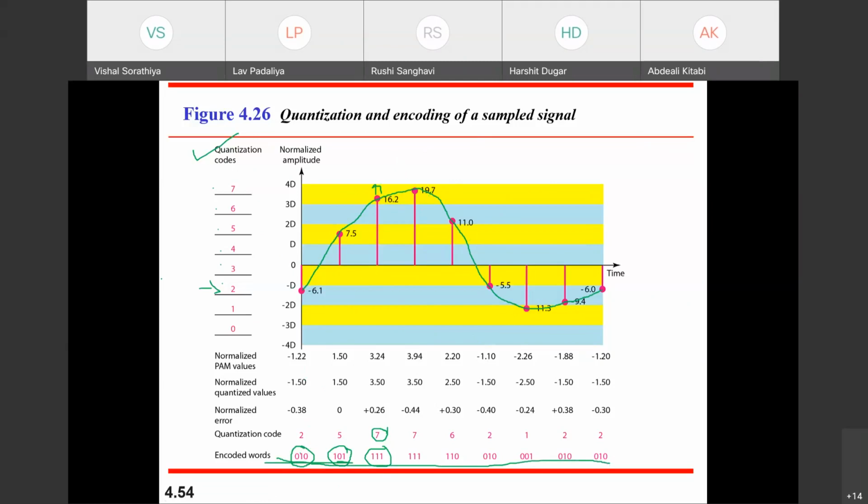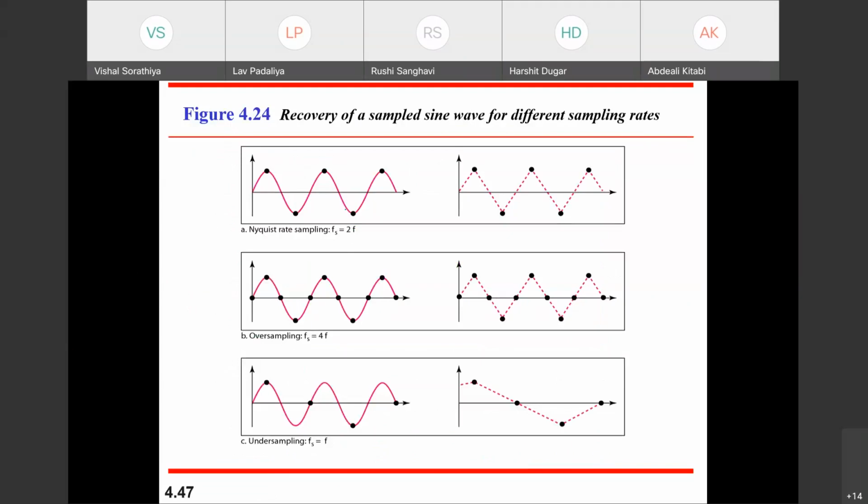Now we need to think about what we mean by Nyquist criteria. Nyquist criteria is related to sampling only. What is Nyquist criteria? It tells us that whenever you are sampling your signal, whenever you use the sampling theorem, it always requires twice f.